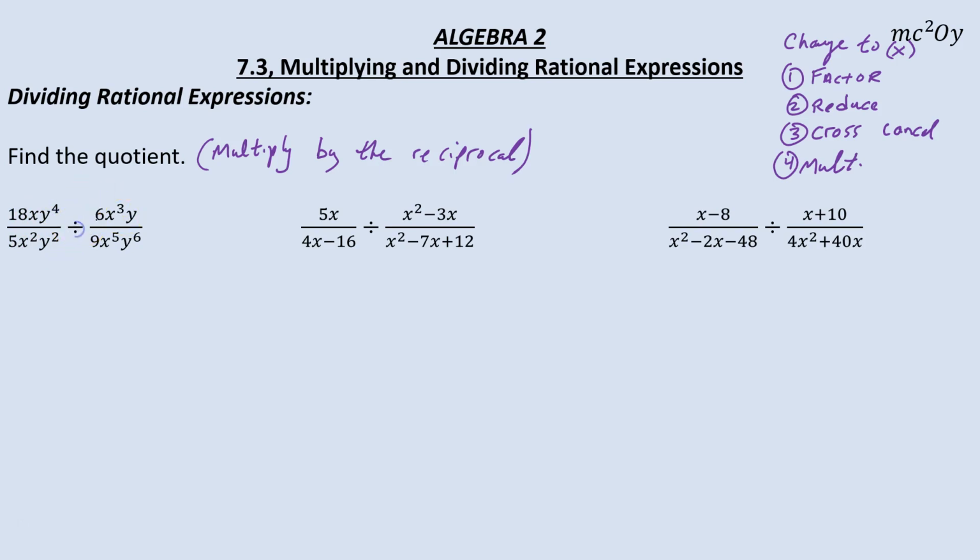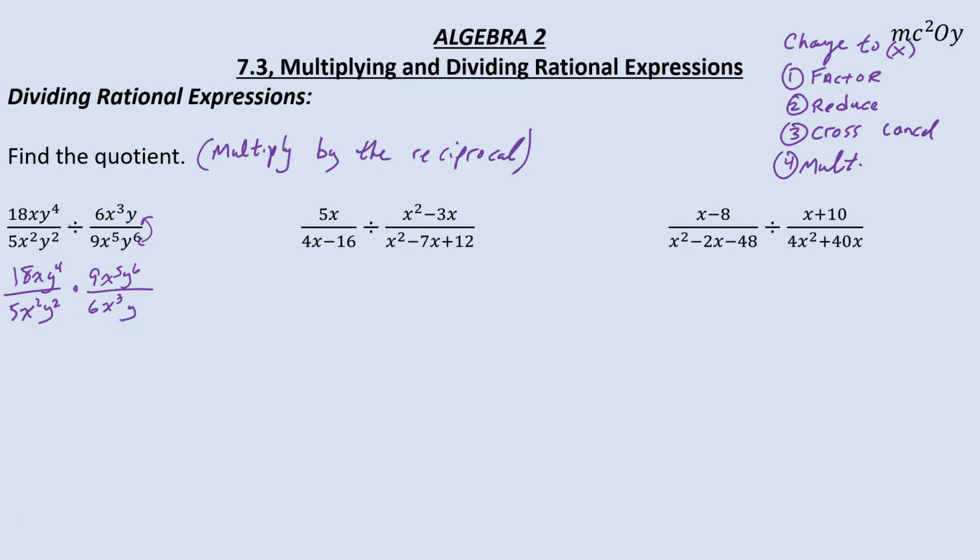When I say multiply by the reciprocal, we change this to multiply and we take the reciprocal of the back. I'm actually going to show that in a separate line. So 18xy to the 4th over 5x squared y squared times the numerator becomes the denominator, and the denominator becomes the numerator. So this moves up, okay, and that moves down.